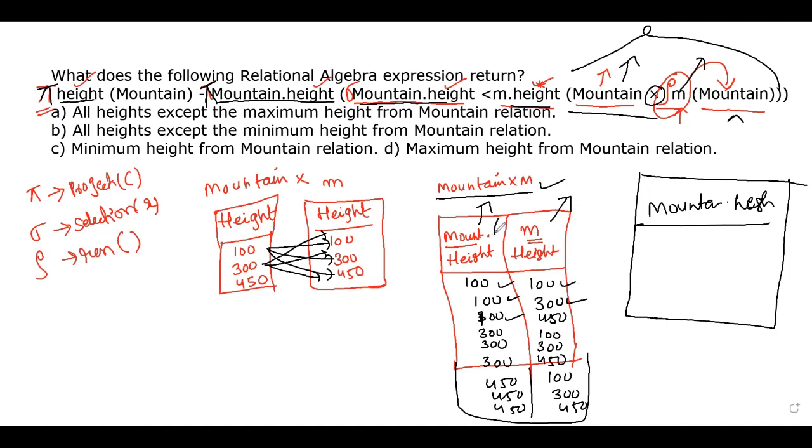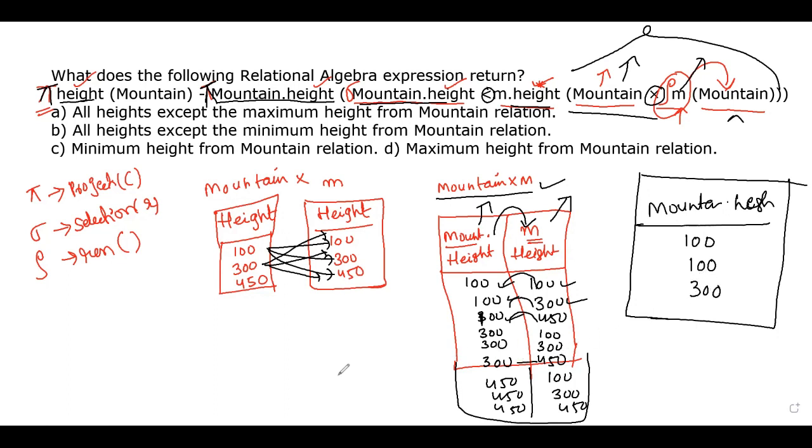Now you need to compare these two when there is a less than. If you see 100 and 100, is there any less than? No. Is 100 less than 300? Yes, true. Is 100 less than 450? Yes, 100 is less than 450. Again 300 and 100 wrong, 300 and 300 wrong, 300 and 450 yes.